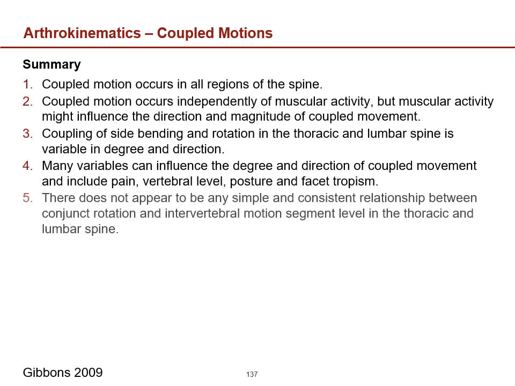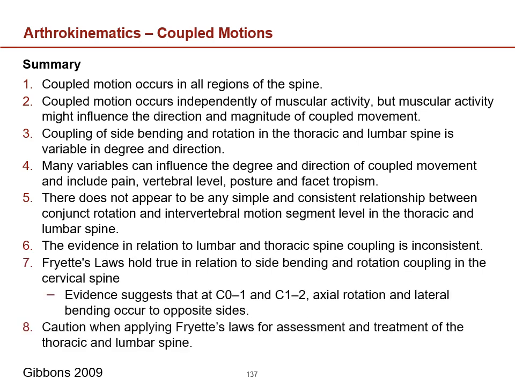Okay, in summary of the coupled motion discussion. Coupled motions occur in all regions of the spine. Coupled motions are independent of muscular activity, but muscular activity may influence the direction and the magnitude of the coupled motions.